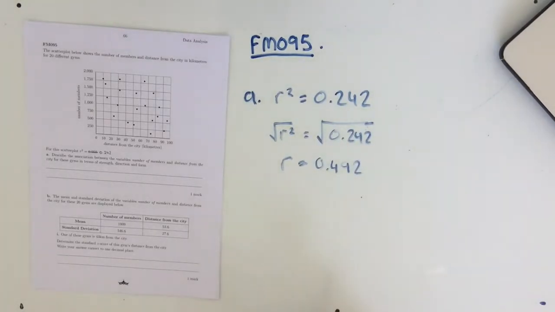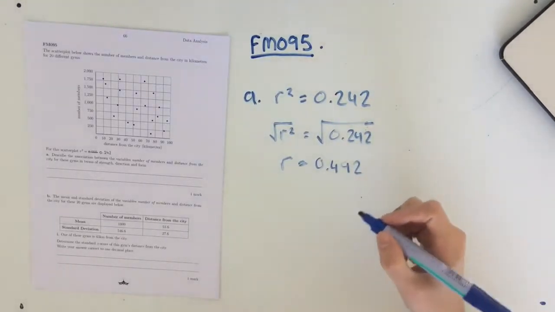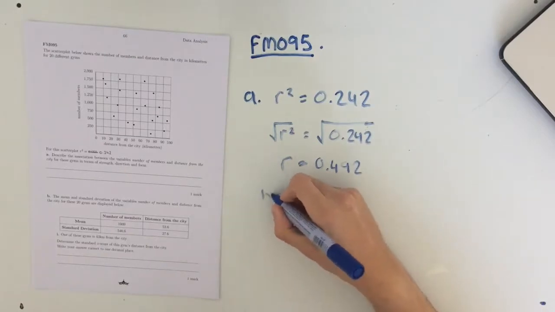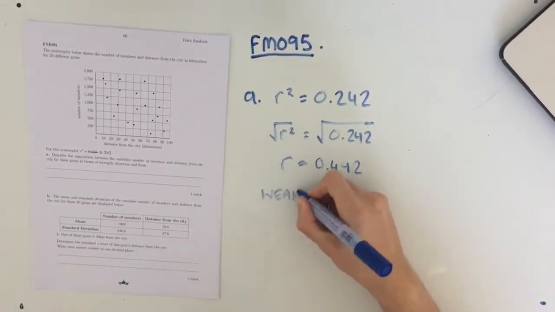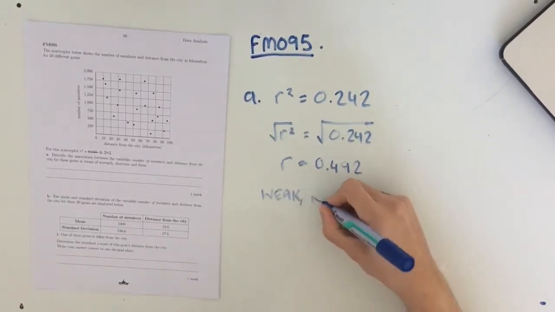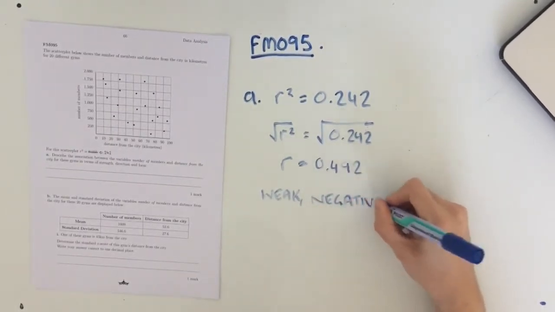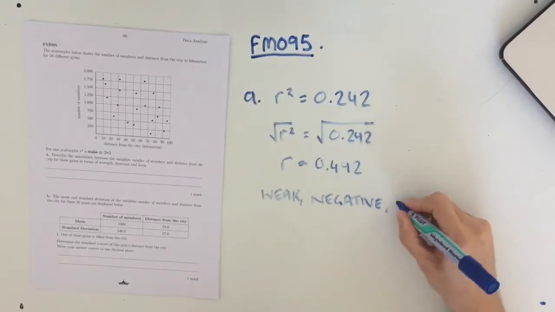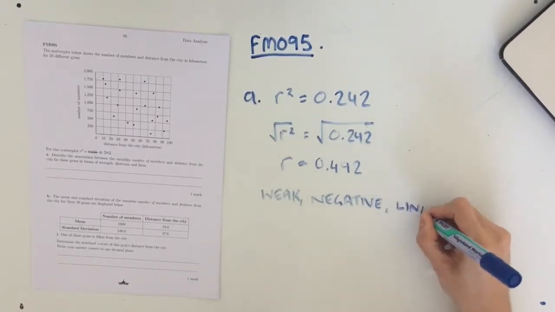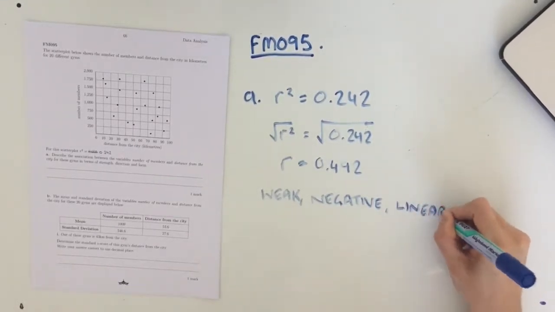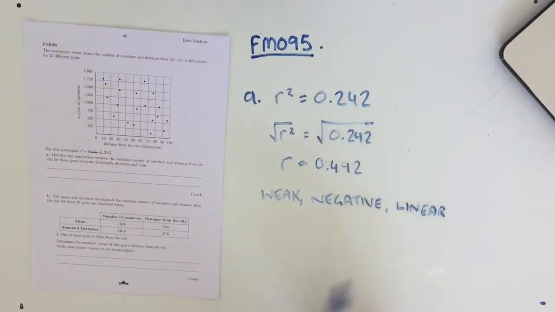That is under 0.5, making it a weak association. So our answer for A is weak, negative, linear.